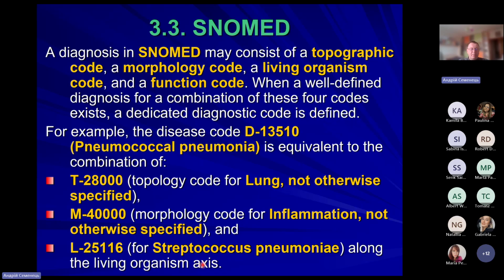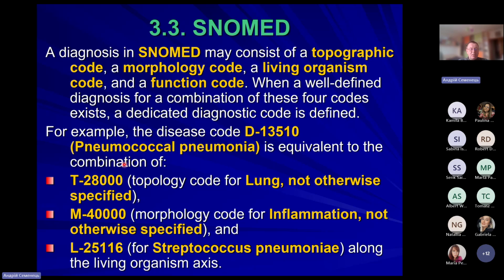Decay diagnosis codes defined. Here we have, let's say, pneumococcal pneumonia. By the diagnosis model, it will be given a single code, but it's equivalent to the combination of a topography code for lung, a morphology code, a living organism axis code for streptococcus, and so on.